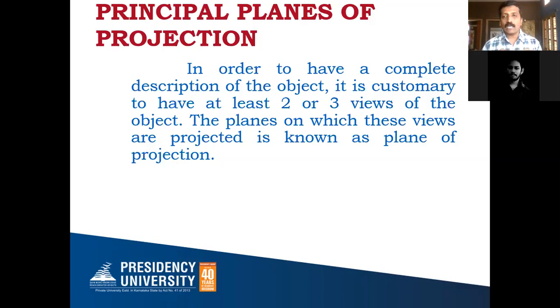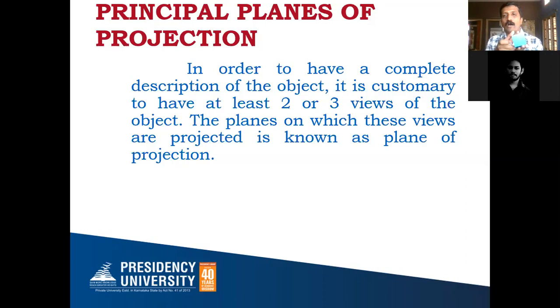To describe any object, a minimum of 2 views is required, either front view and top view. In some cases, I am able to describe the entire object. In some cases, these 2 views are not at all sufficient. Then I need to go for the third view also. For example, this is a square prism which I have taken. If I keep it like this and see from the front side, it looks like a rectangle.